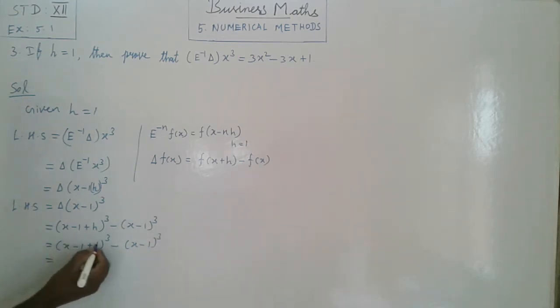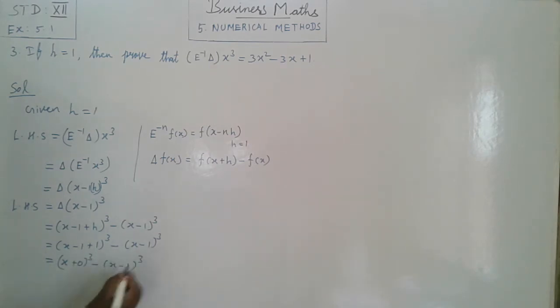So minus 1 plus 1 is 0. So x plus 0 whole cube minus x minus 1 whole cube. So that is equal to x plus 0 is x, so x cube minus x minus 1 whole cube.